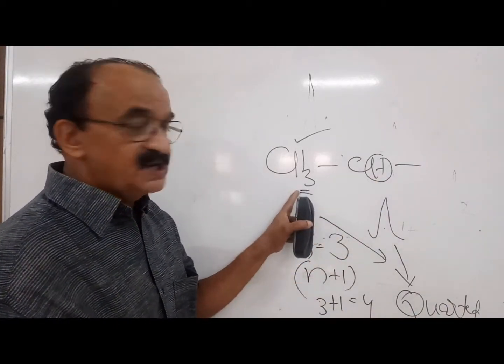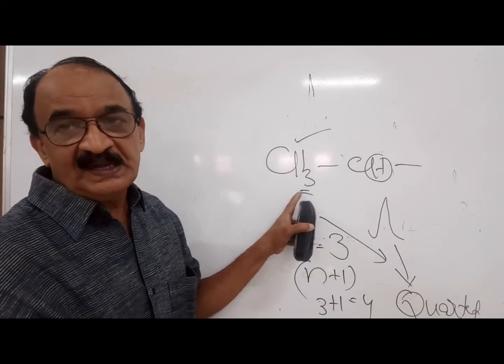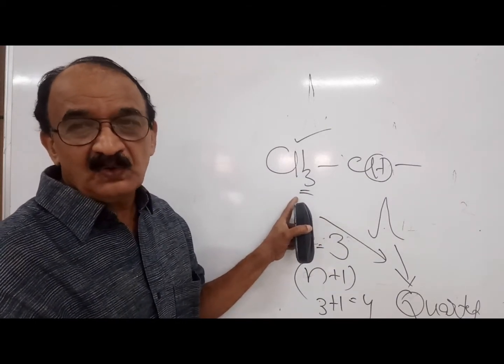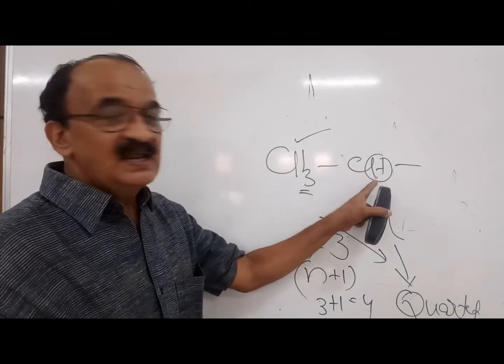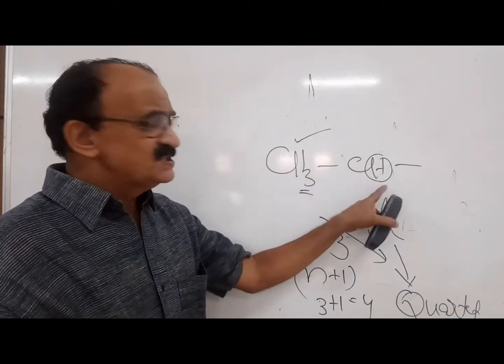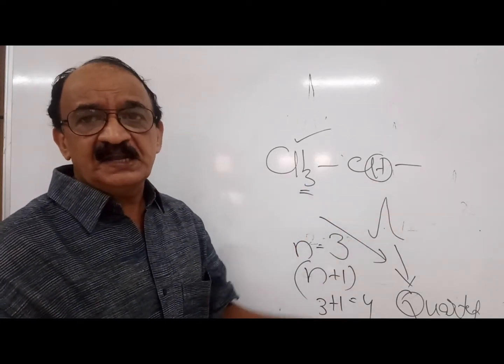Due to the presence of 3 neighboring protons. The presence of neighboring protons disturbs the signal and causes the splitting of a signal into a multiplet.